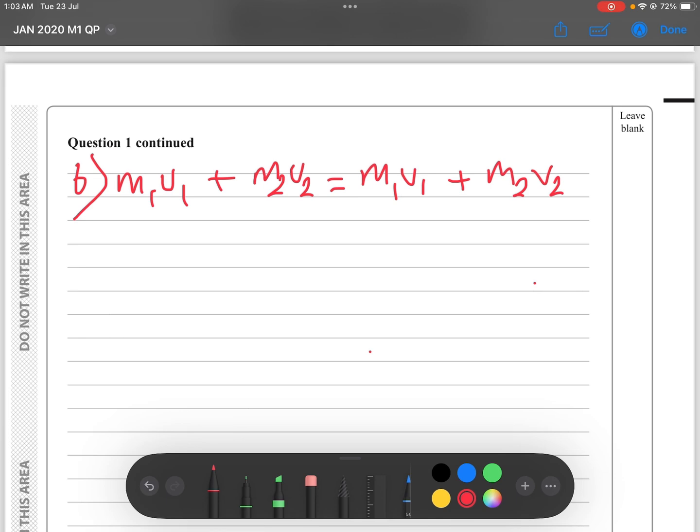So m1u1 is going to be taken for particle P. Particle P has mass m1. It was traveling to the right, and so the velocity is going to be positive.